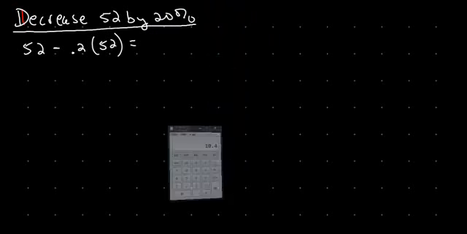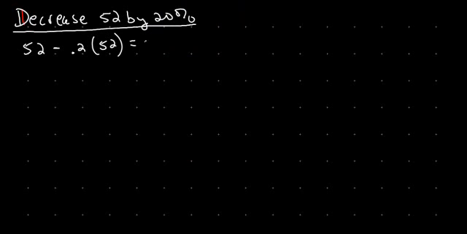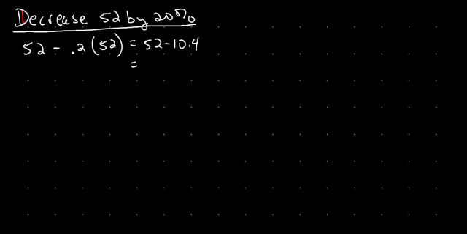So this equals 52 minus 10.4, which equals 41.6. Okay, so we take our original 52, then we find 20% of 52 and we subtract.